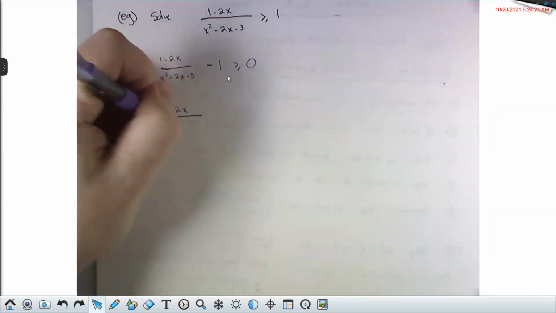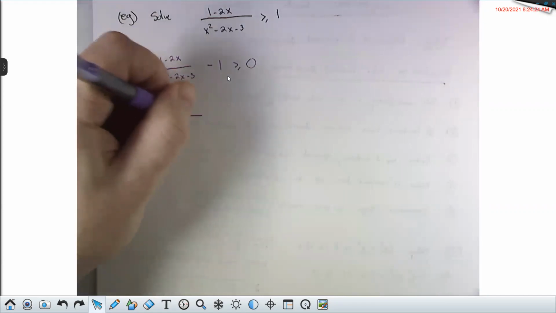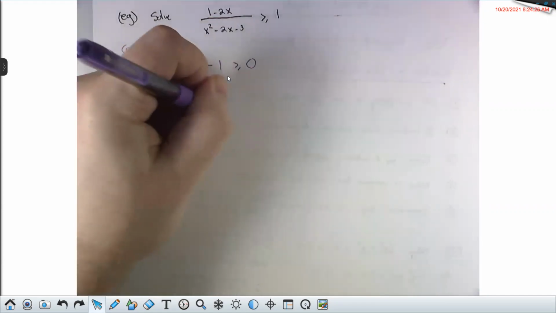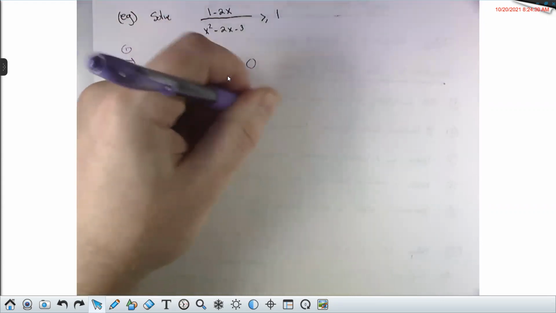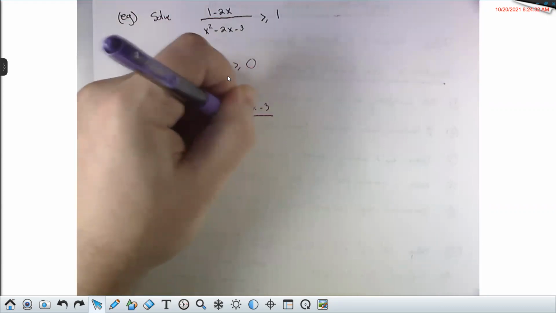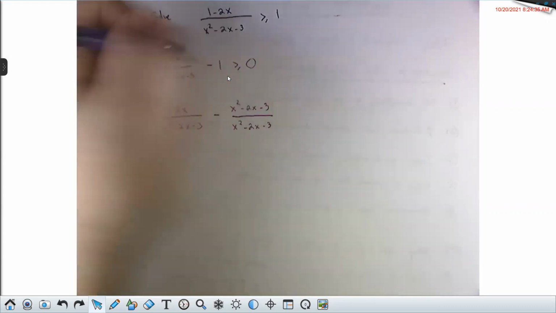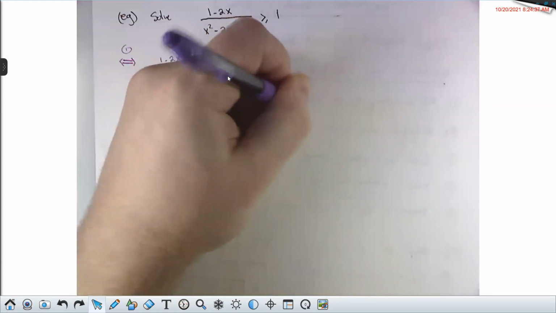So I'll have 1 minus 2x over x squared minus 2x minus 3 minus x squared minus 2x minus 3 over x squared minus 2x minus 3. And all of that is still greater than or equal to 0.